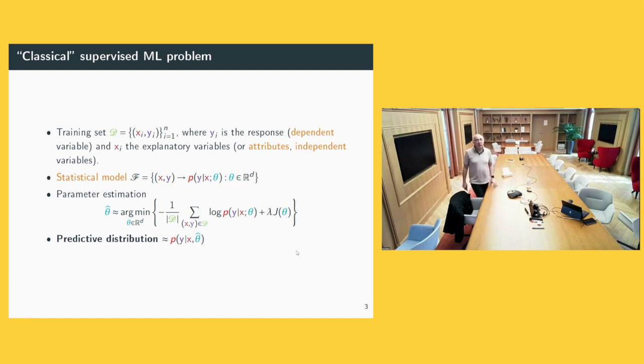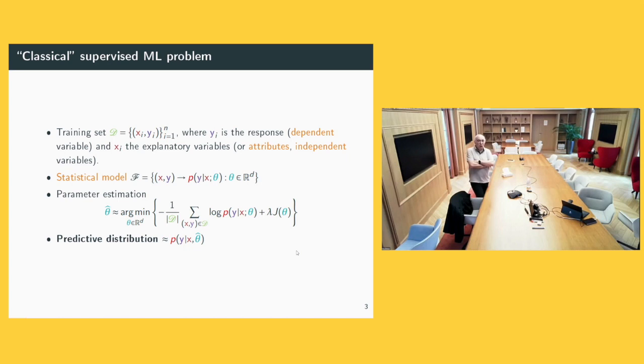And xi are the vectors of features, attributes or independent variables. What you do in supervised learning is that you have a statistical model. In the probabilistic world, it's a conditional distribution of the dependent variable given the independent variables, and this quantity depends upon some parameter theta.